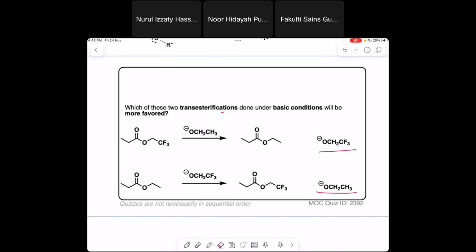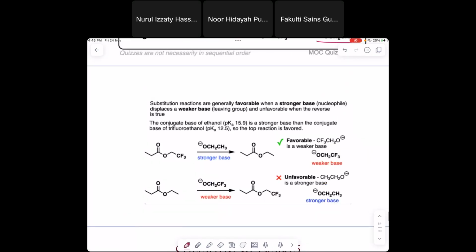Okay, kerana this one is much more favored. Kalau kita tengok kat sini, kita boleh tengok yang ni the stronger base, a weaker base. Ini yang kita nak daripada mana-mana base reaction. This is a weak base. But how can a weaker base displace a stronger base? Transesterification will favor the first reaction.